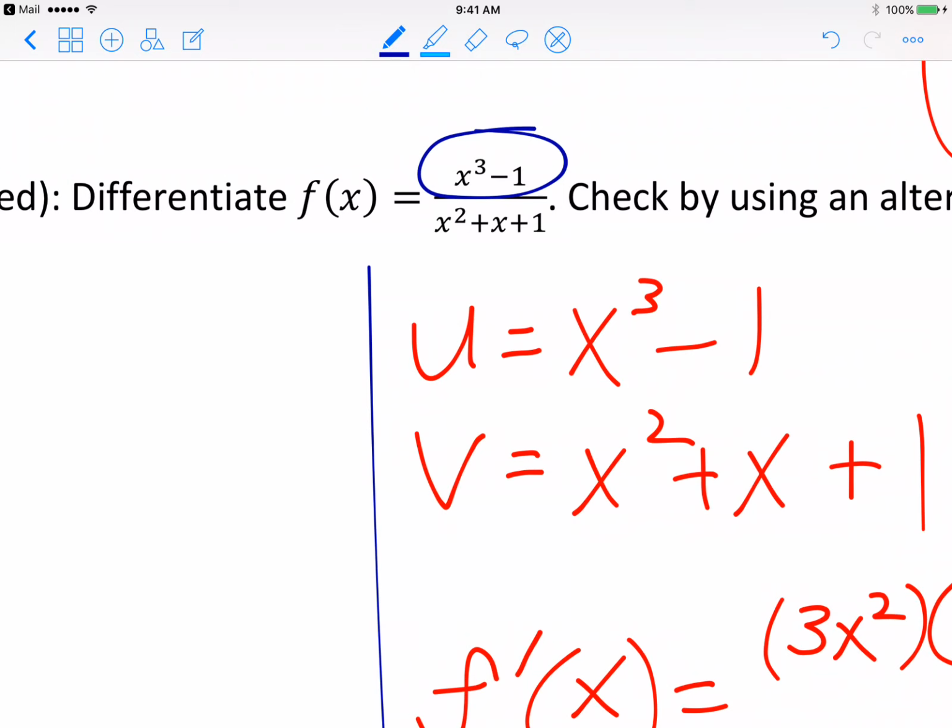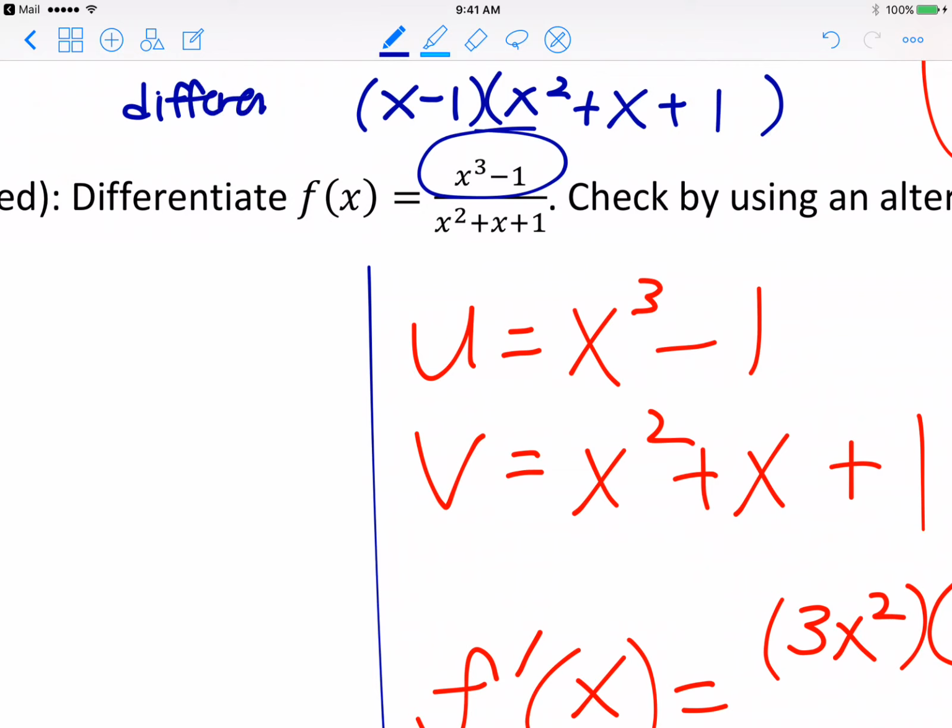X to the third power minus 1, you have a difference of cubes. X to the third power is a perfect cube, 1 is a perfect cube, and you have a nice factoring pattern for that. You could factor x to the third power minus 1 as x minus 1 times x squared plus x plus 1. If you need to review that, the words to search or look up are difference of cubes.